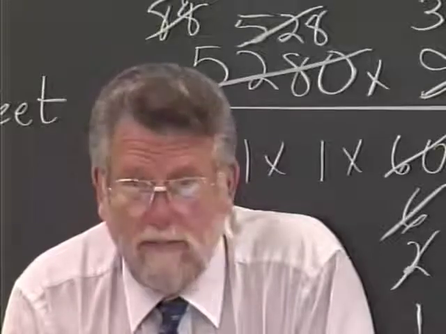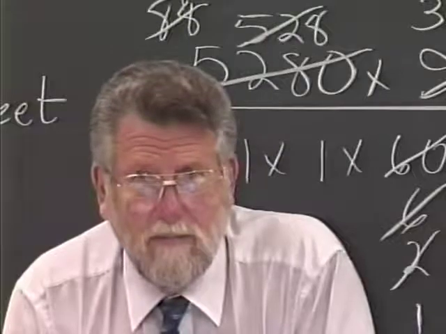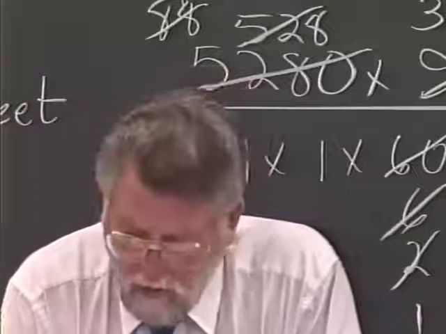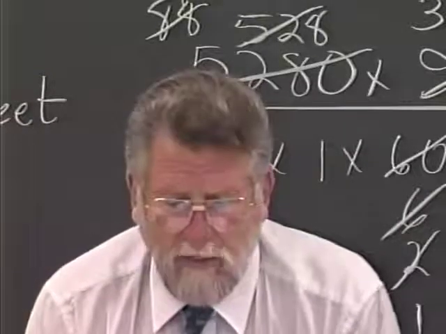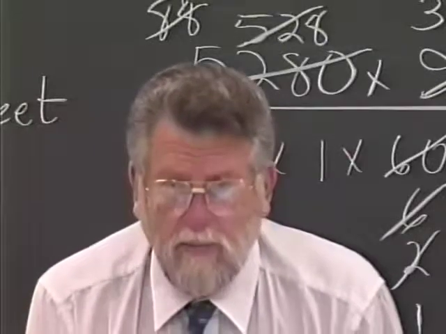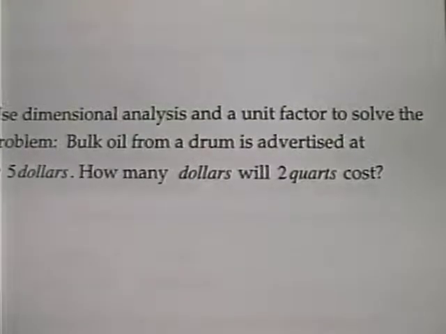Well, no. When it says how many dollars will 2 quarts cost, you always start with dollars. Okay, the question that Teresa's asking, if it says, how much does 2 quarts cost? So let me go to 67, right across the page. And here is the last part of the question. How many dollars will 2 quarts cost? What was the how many related to? Dollars.